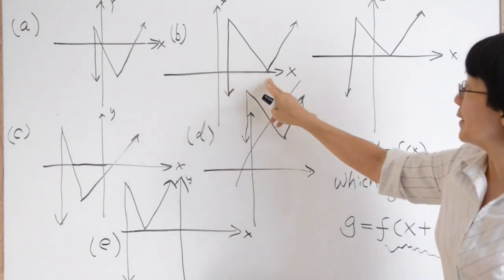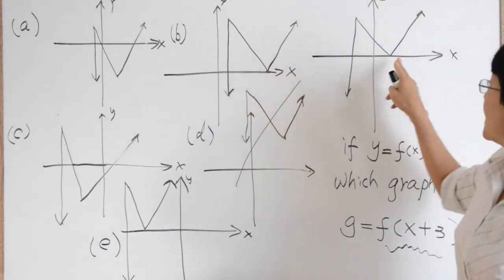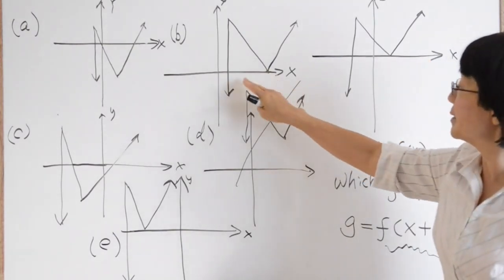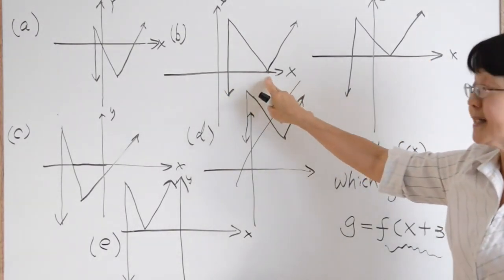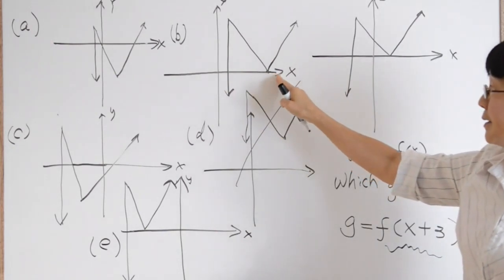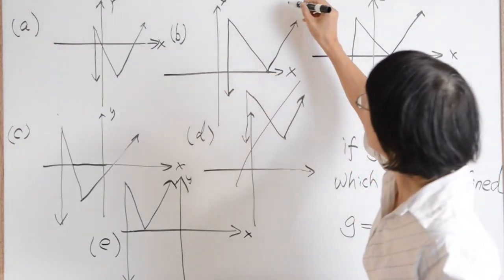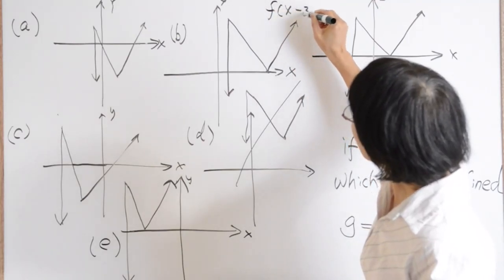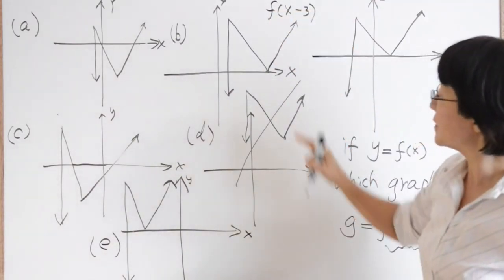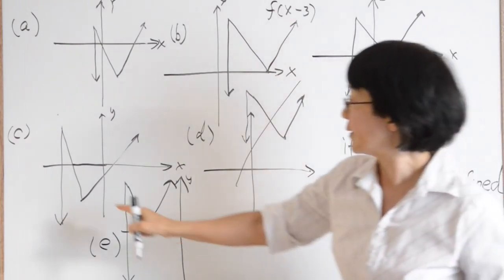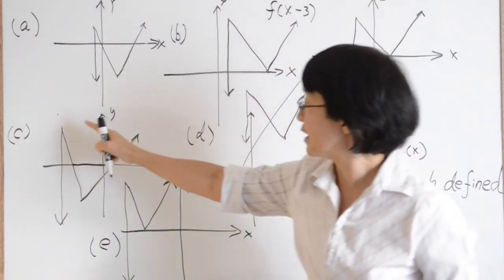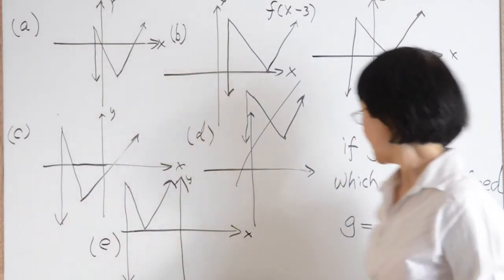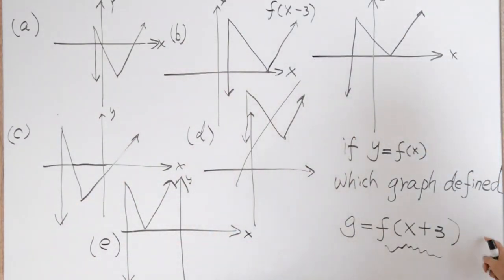Now this one here, what happened? It's a horizontal shift from this point here moved to here. Okay, it looks like it moved 3 units, but it's moving right. If it's moving right, it will be like f(x minus 3), correct? So it cannot be this one. Let's look at this. It's vertically moved down and moved over. So it cannot be this one because we don't have vertical movement here.